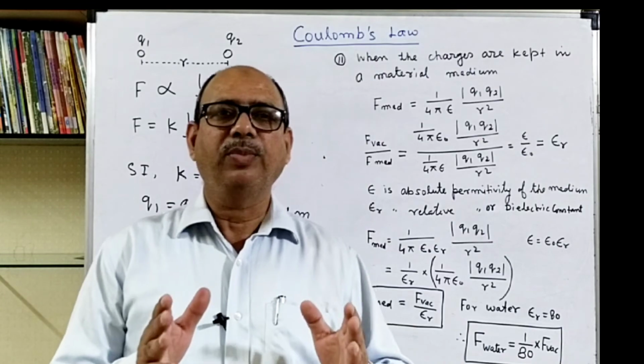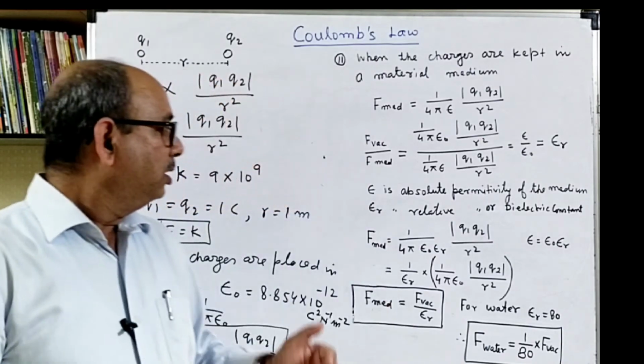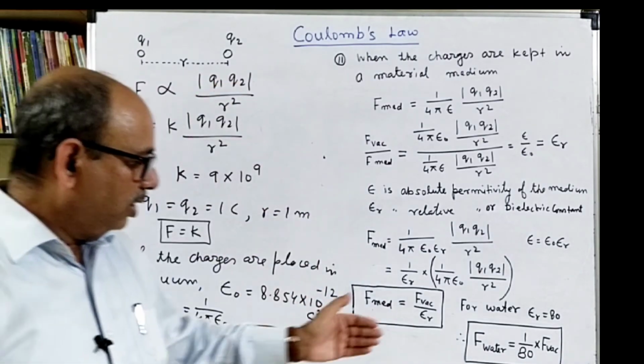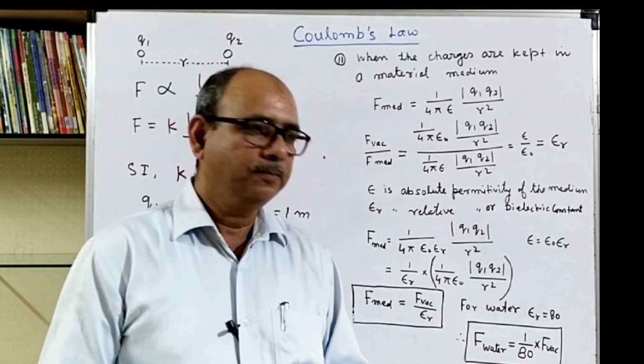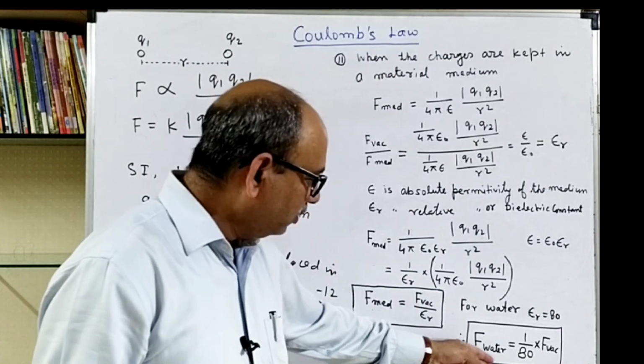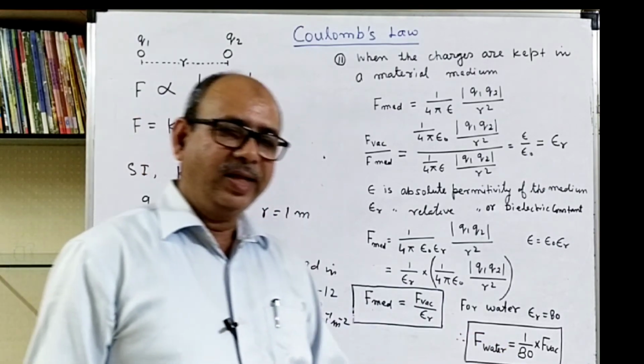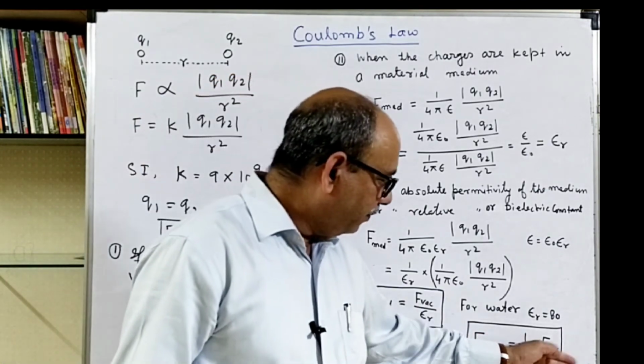Let's take an example. When this system is placed in water, for water the value of epsilon r is 80. Then F water comes out to be 1 upon 80 times F vacuum.